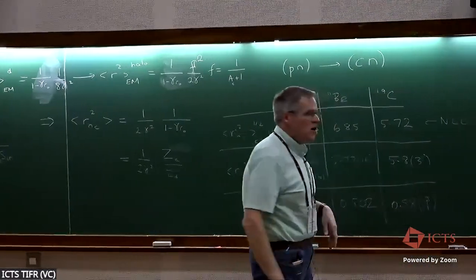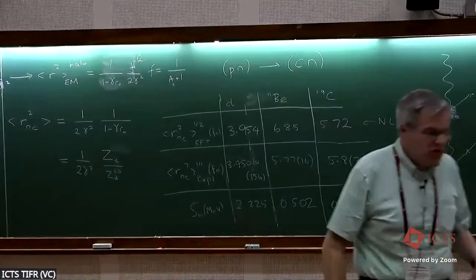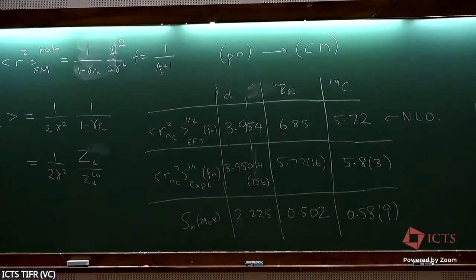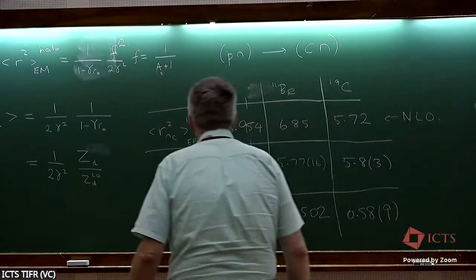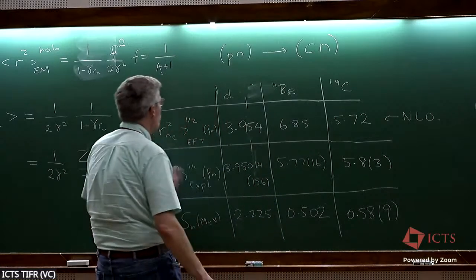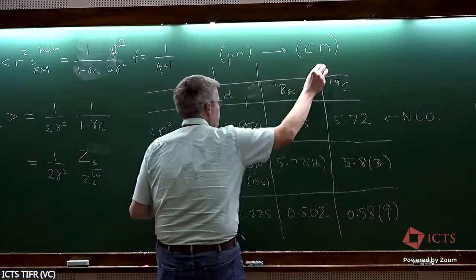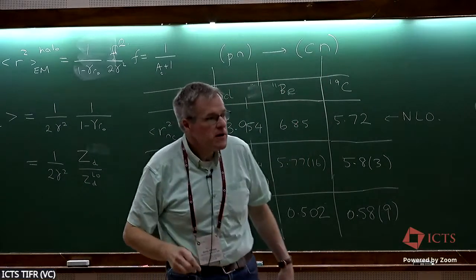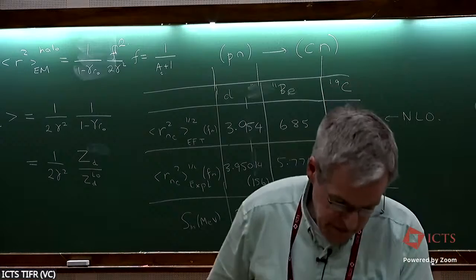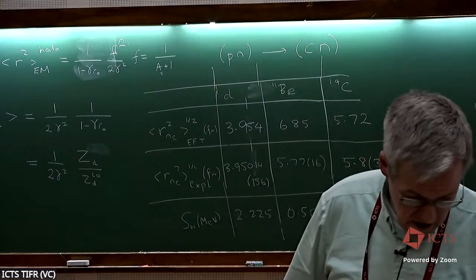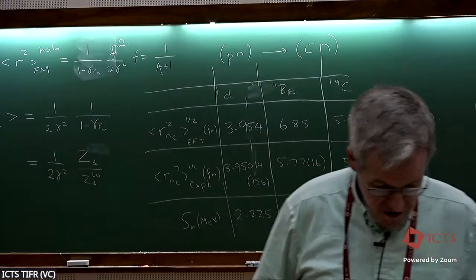So you have to think a little bit about the expansion parameter here. Unfortunately, I ran out of room, so I'll put it over the top. For each of these, you have some information on the range of the interaction, and so you can write down what you expect the expansion parameter to be.